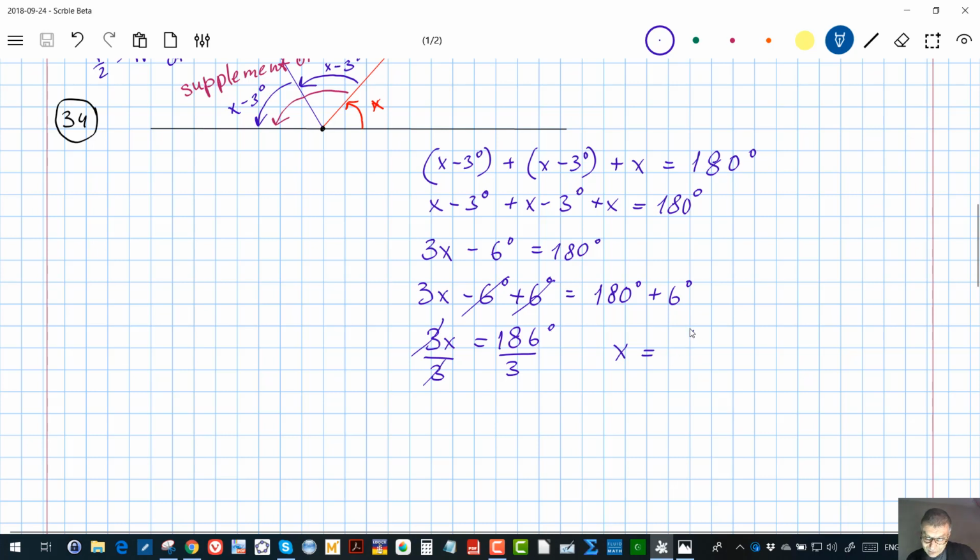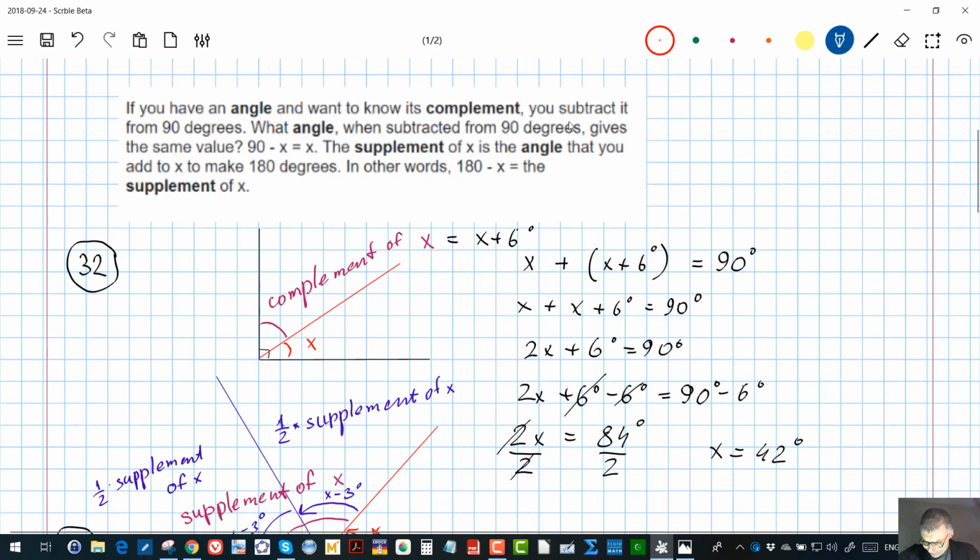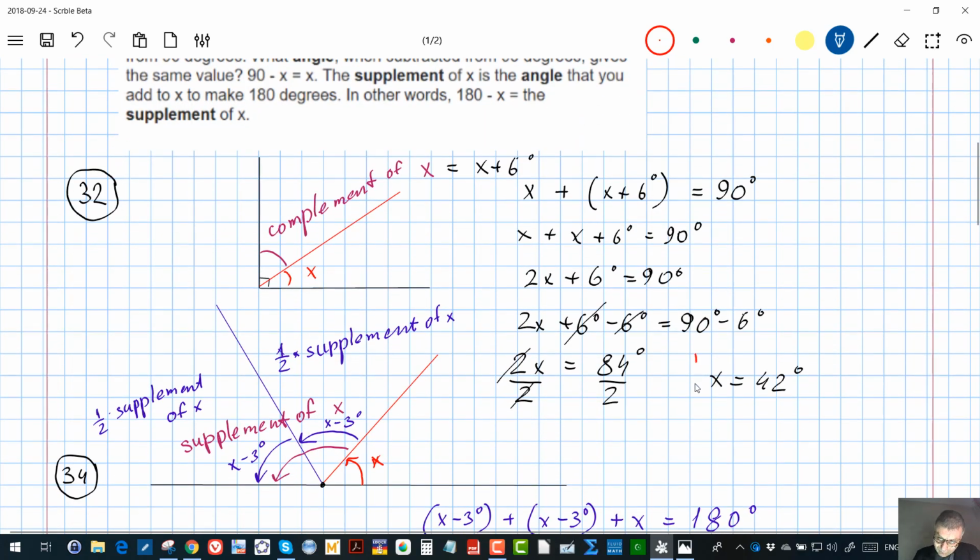It's 62 degrees. So this is the answer, 62 degrees. That's our answer. So again, the idea, let's make the answers red, box them red.